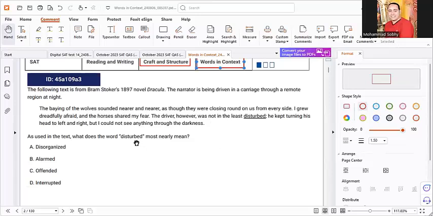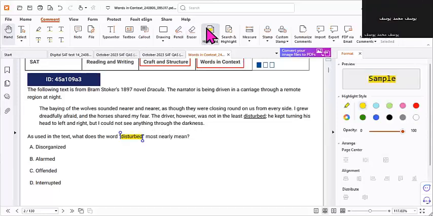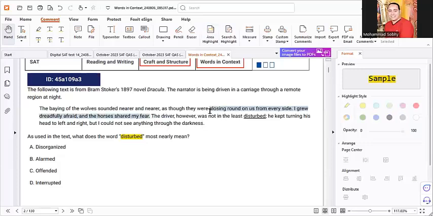So here, the word disturbed. I think it's D. Okay, the driver, however, was not in the least disturbed. He kept turning his head to the left and right, but I couldn't see anything through the darkness. So this is the whole sentence.